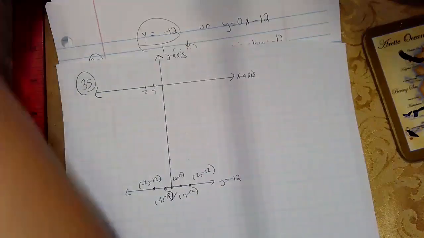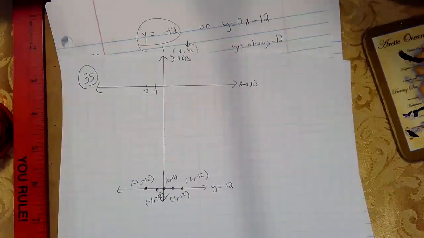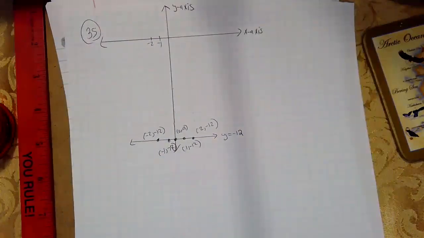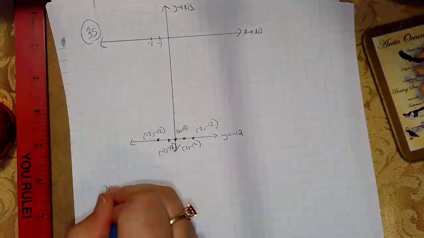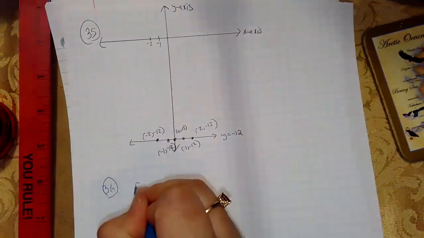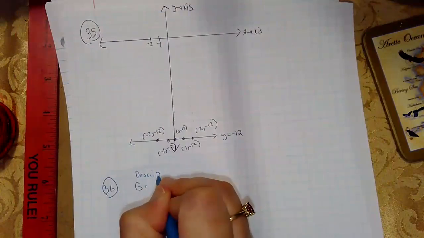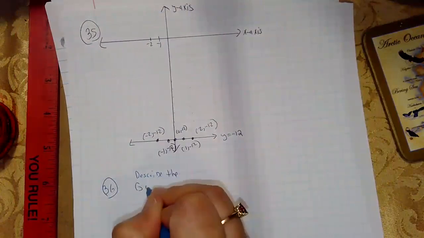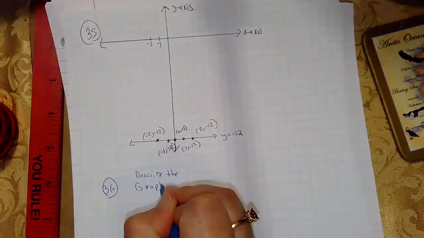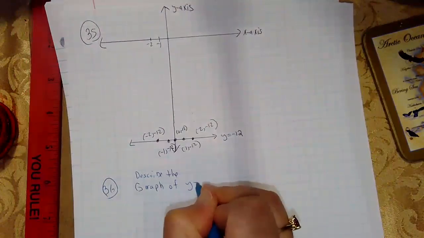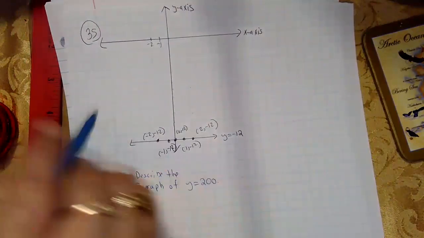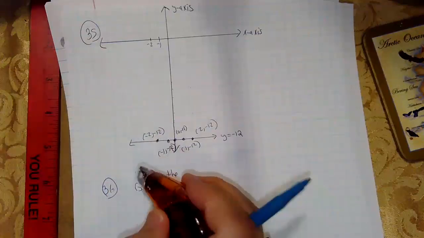So, okay, let's look at 36. Okay, and 36 I'll do on the same paper. 36 says that they want you to describe the graph of y equals 200.